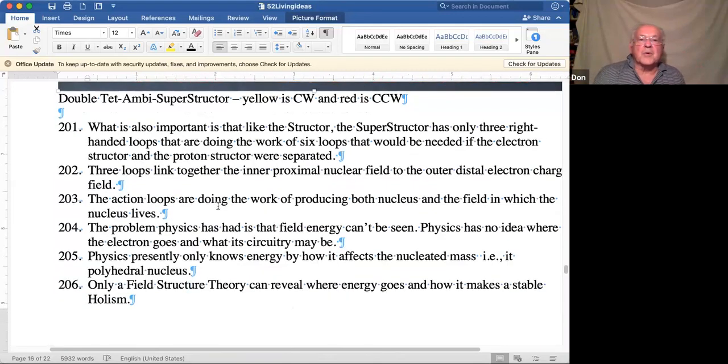What is also important is that the superstructure has only 3 right-handed loops doing the work of 6 that would be needed if the electron structures and the proton structure were separated. So you see, as we build, we simplify.